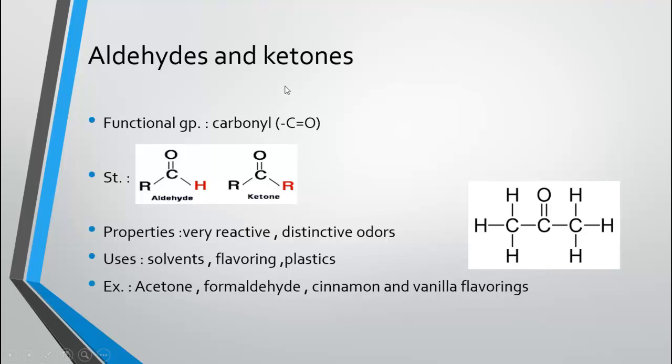Aldehydes and ketones. The functional group here is the carbonyl group, C double bond O. But we have two structures here, the structure of aldehyde and the structure of ketone. The structure of aldehyde is RCOH, but the ketone is RCOR'. So in the aldehyde, we have R with the carbonyl group and a hydrogen atom, but the ketone has the carbonyl group and another hydrocarbon.